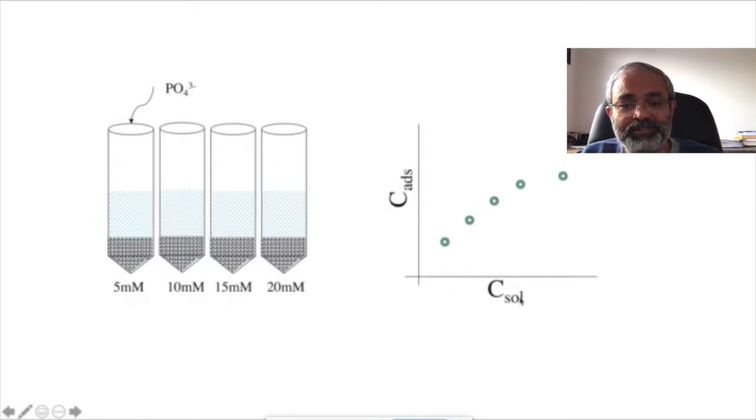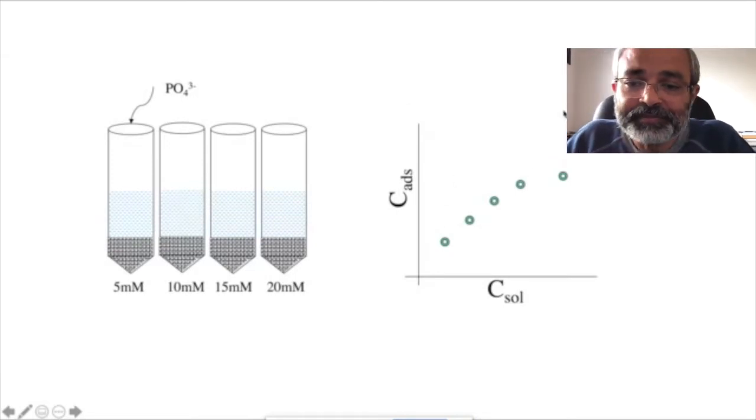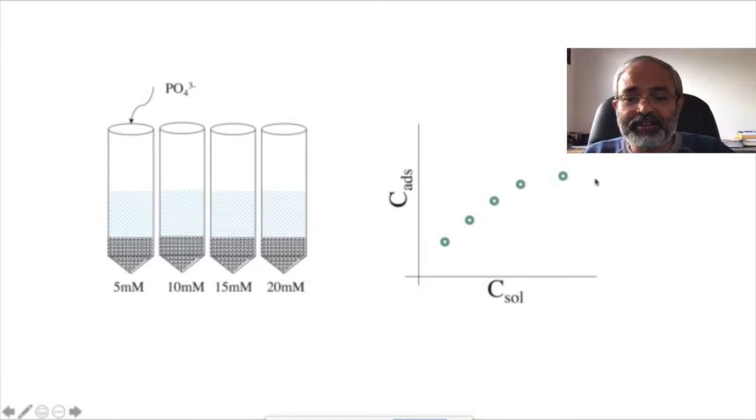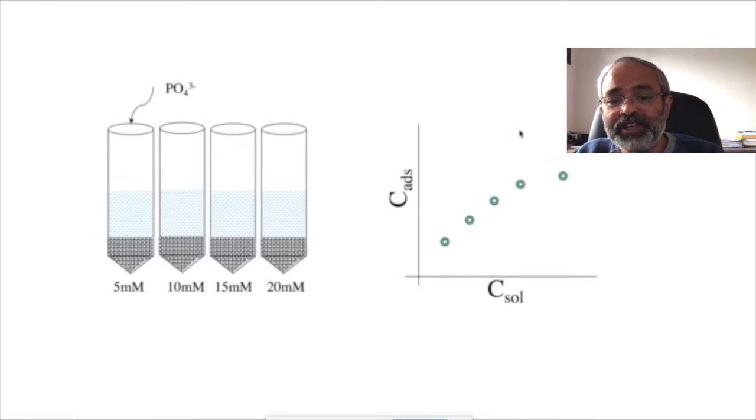Depending on what kind of behavior the ion is showing, you may have a linear behavior, or a Langmuir type of behavior, or a Freundlich type of behavior. Once you have that curve, you should be able to determine the KD with the mathematical formulation that we had discussed earlier. So in this case, suppose you had a linear relationship, then the slope of the linear curve would give you the value of your KD.